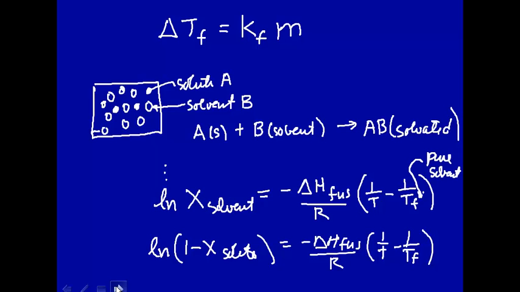Maybe you've heard the expression among mathematicians, Taylor series is your friend. So what we want to do is to expand this expression in a Taylor series about the point x equals 0.